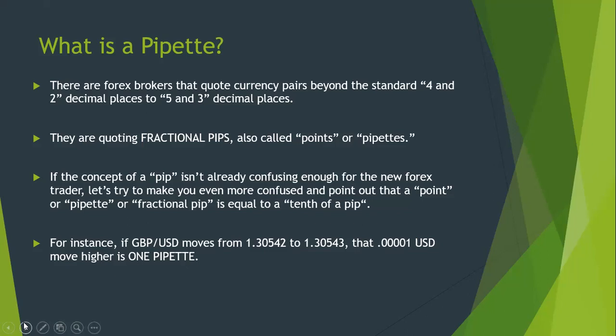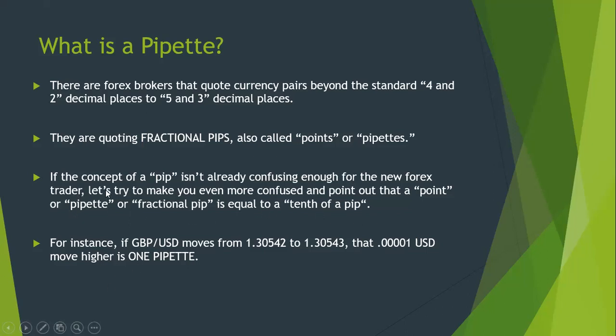So if the concept of a pip is not already confusing enough for new Forex traders, let's make you even more confused and point out that a point, or a pipette, or a fraction of a pip, is equal to a tenth of a pip. Just forget about this.